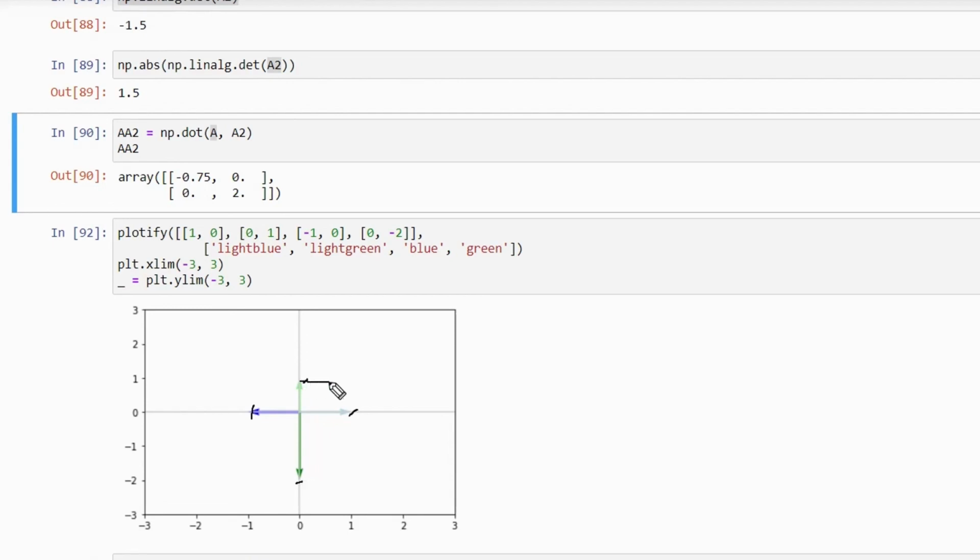And if we observe the changes in the area of these two outputs, what we will find is that this area is exactly 1.5 times the initial matrix after applying this A2 matrix, which has a determinant of 1.5. And that is all for today's lecture.